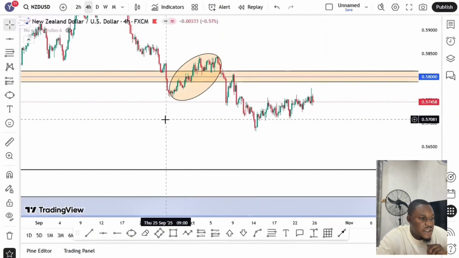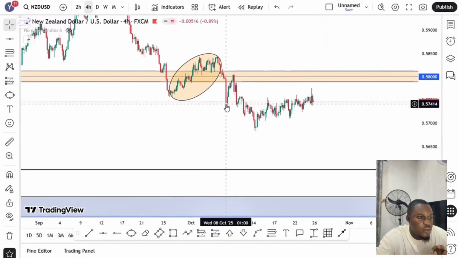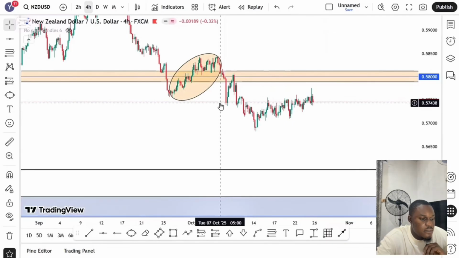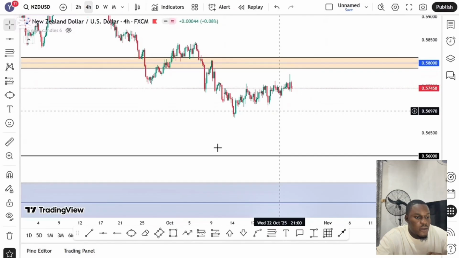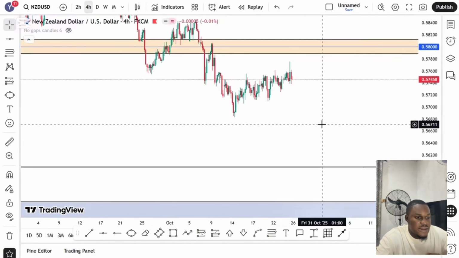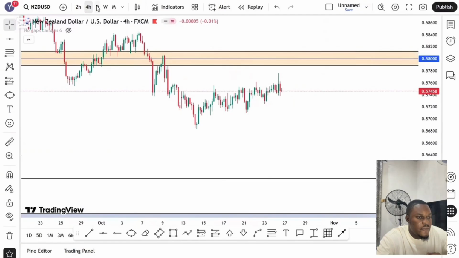It started on Friday, September 26th to the 7th of October, which is almost a week, like 8 days or so. And let's check from the daily time frame.